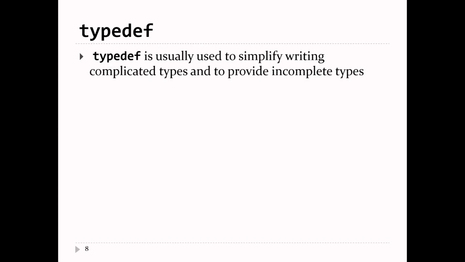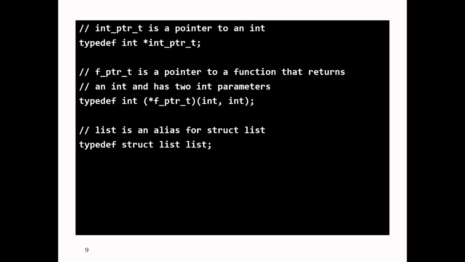All right, so typedef is usually used to simplify writing complicated types and to provide what are called incomplete types. So the first one's actually a little hard to read. So int star, there's your type. Now int star, that's a pointer to an int.